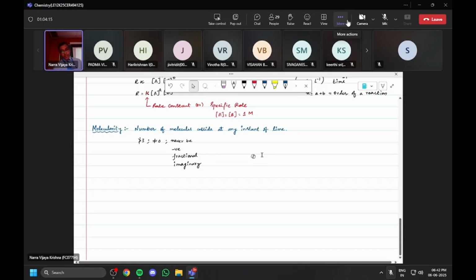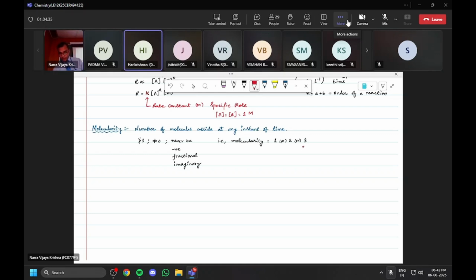So molecularity of a reaction is always equal to either 1 or 2, rarely 3. Reason? Molecules which are making collision with each other. How many molecules will collide with each other? Collision will be between 2 only.